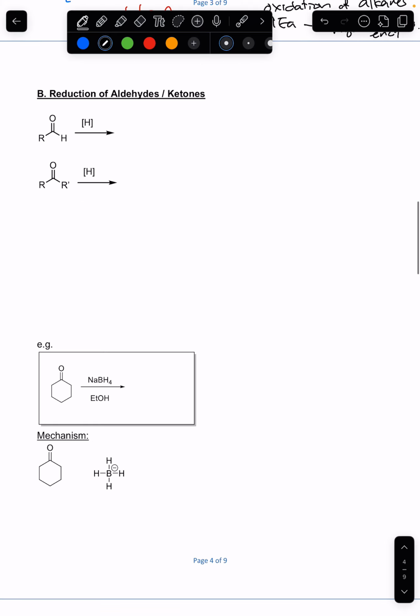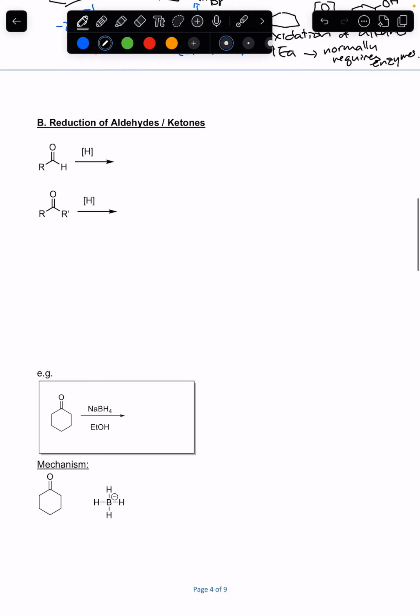Now, here's an example of using reduction to make alcohol from either an aldehyde that has a hydrogen on the carbonyl, or a ketone, which has 2 carbons on the carbonyl.